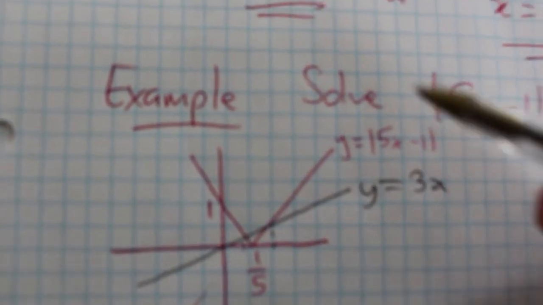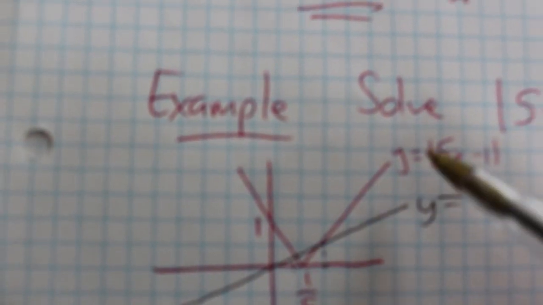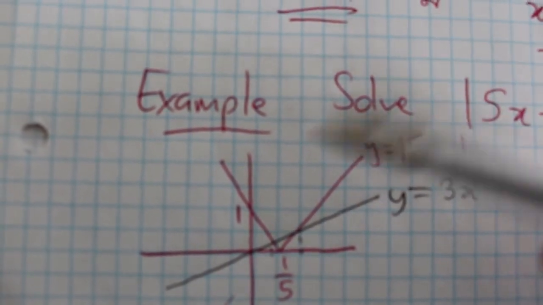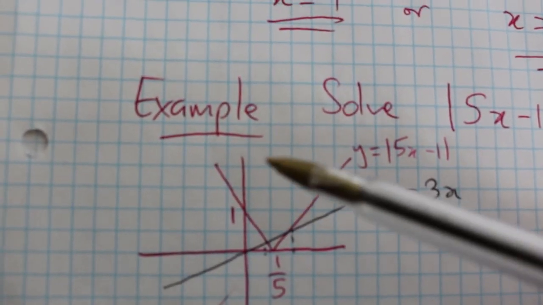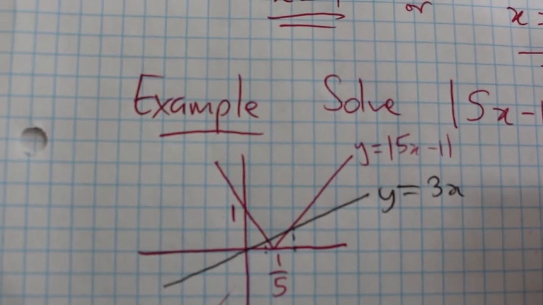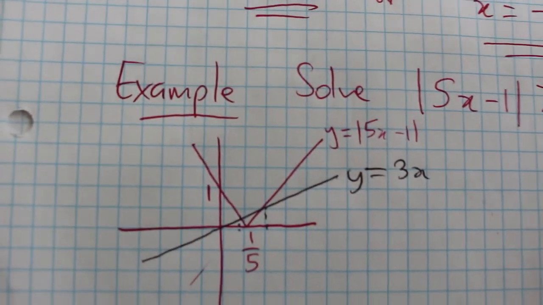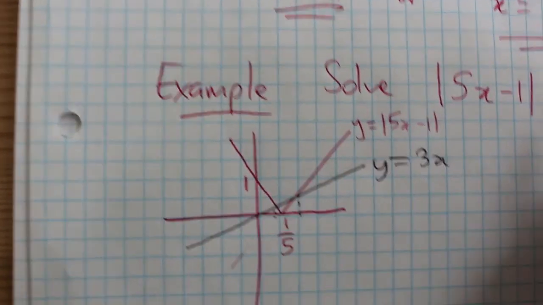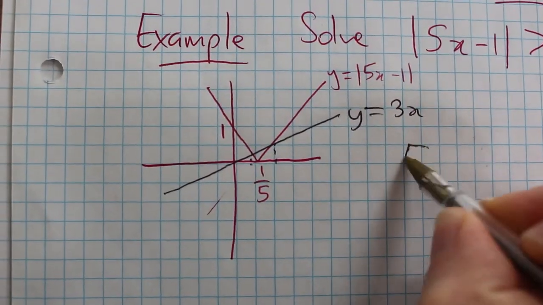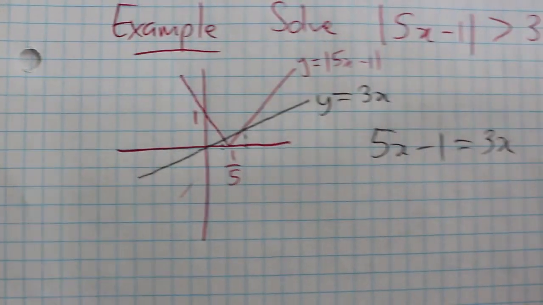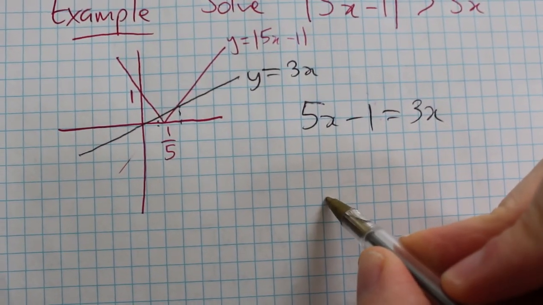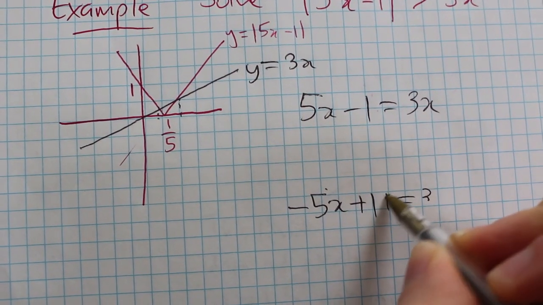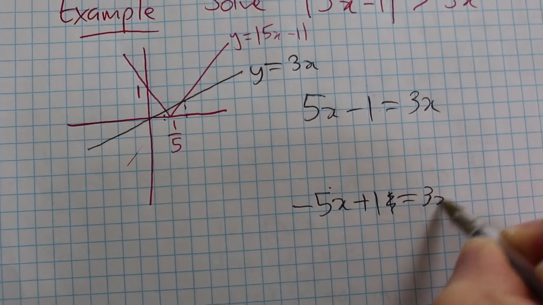We know this line on the right of the V shape is part of y equals 5x minus 1, and on the left side that's part of y equals minus 5x plus 1. So in order to find the points of intersection, we need to solve 5x minus 1 equals 3x and minus 5x plus 1 equals 3x.